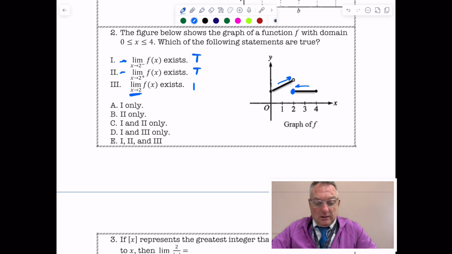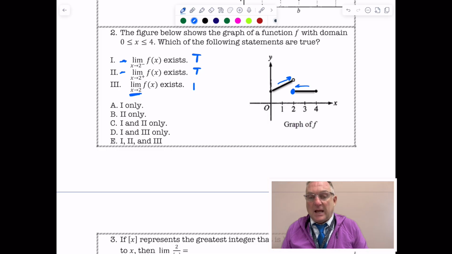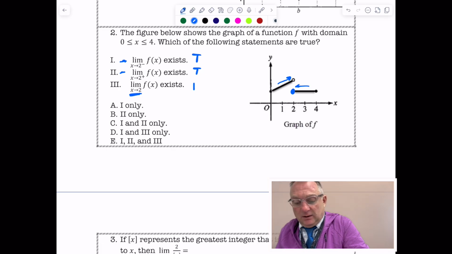Number 3. This one's tricky. You got to know what a step function is. Step function, greatest integer, means you round down for any value I put in there. So if I plug in f of 1.1, that rounds down to 1. But if I put in 1.9, that rounds down to 1 also. So when you graph a step function, everything from 0 to 1 is equal to 0.